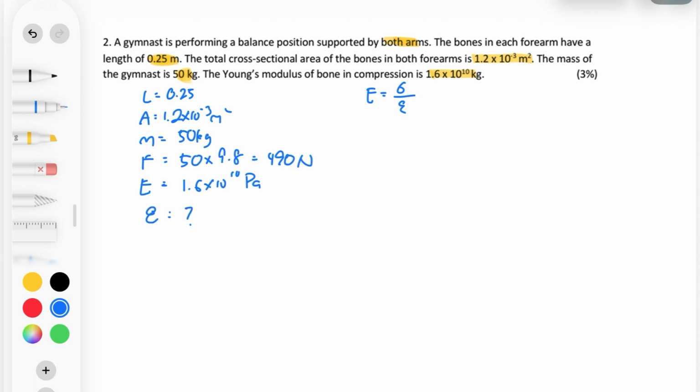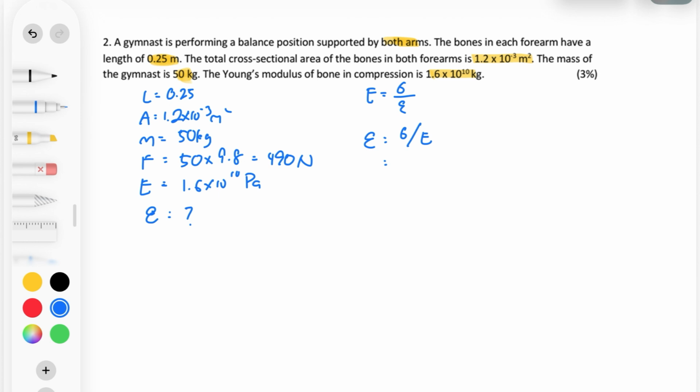Let us put in everything we have. Oh, I think we can still find it. Everything we can find, so let us just do it and see. For the Young modulus we have 1.6 times 10 to the power of 10, with strain put on one side, and stress divided by Young modulus equals force over area.